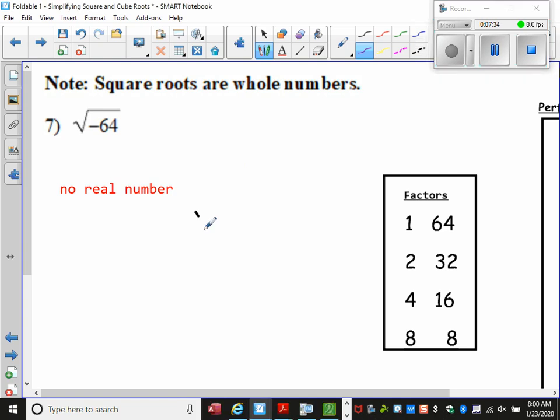If I take the square root of +64, and remember that index is a 2, it's asking what same two numbers you can multiply together to get 64. This would have been 8. But there are no same two numbers I can multiply together to get -64.